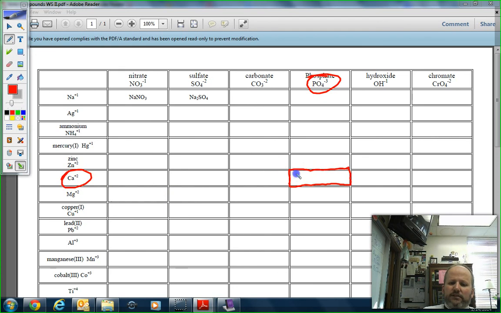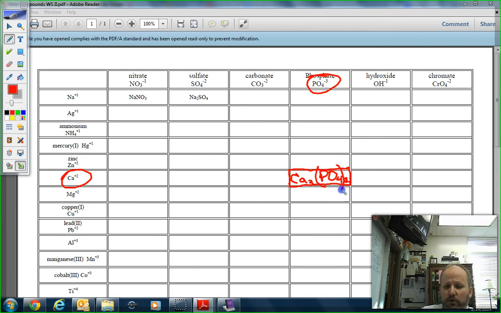So our positive ion is Ca. How many of them do we need? 3. Our negative ion is phosphate, PO4. But how many PO4s do we need? We need 2 of them. If I don't put parentheses here, that looks like 42, and that is not my intention.